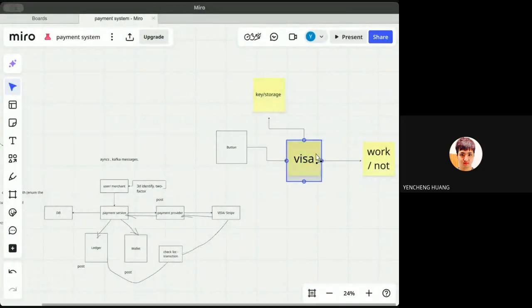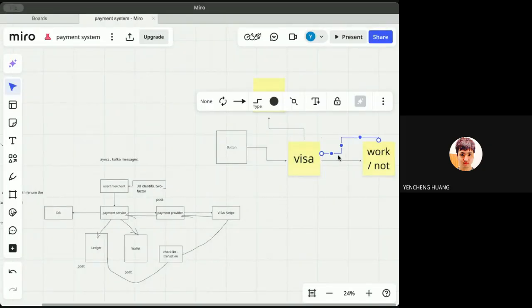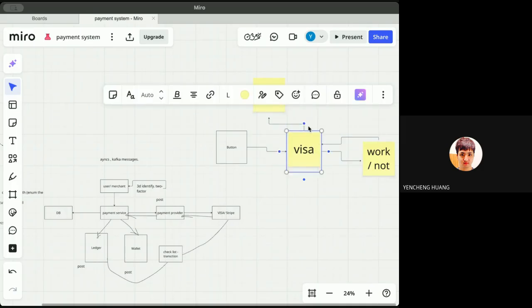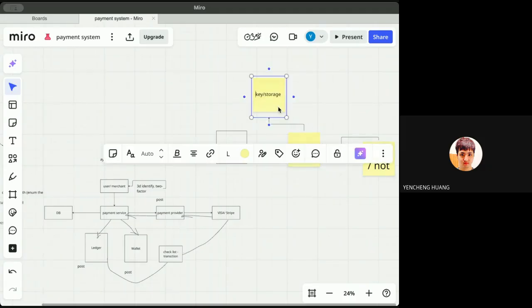And later it got a response from other systems, and we save it to our key and the status.